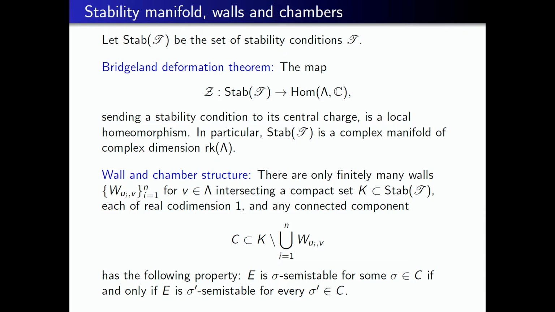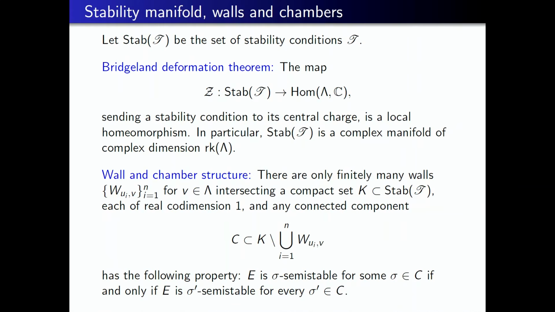Good. So this vector v here, maybe I should clarify that as well. This vector v in your lattice is playing the role of the discrete invariants that you fix in order to understand a moduli problem. So typically you want to classify all sheaves with given Chern classes.